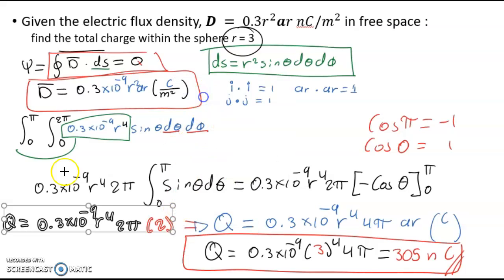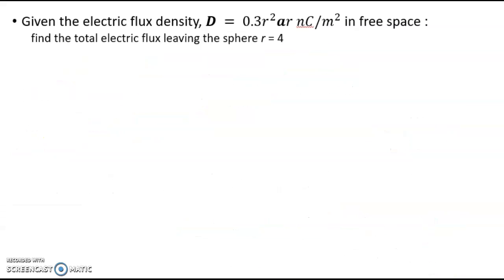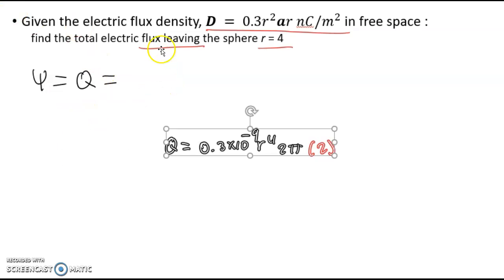So if we advance to the second problem, we have exactly the same flux density, but now we're asked for the flux through a sphere of radius 4. As we remember from Gauss's law and from Faraday's experiments, flux equals charge, and we know the charge is equal to this.